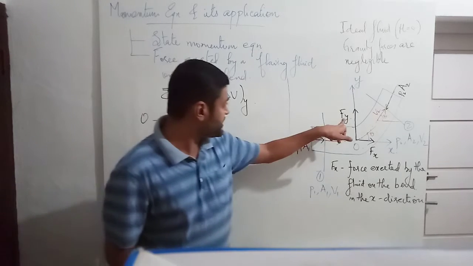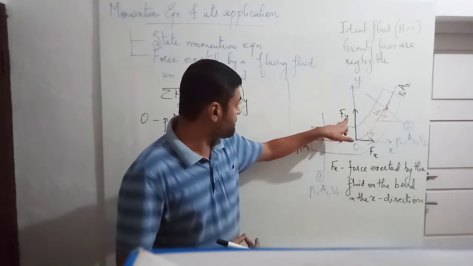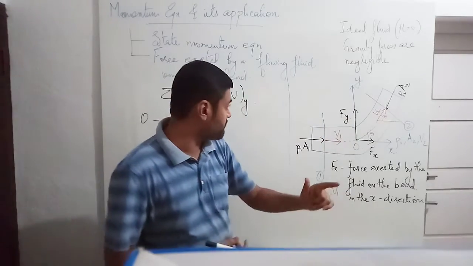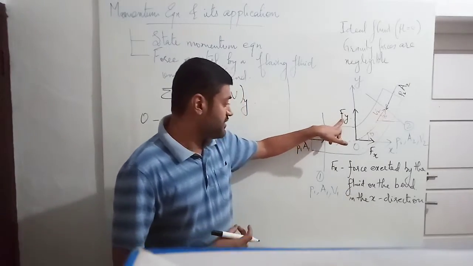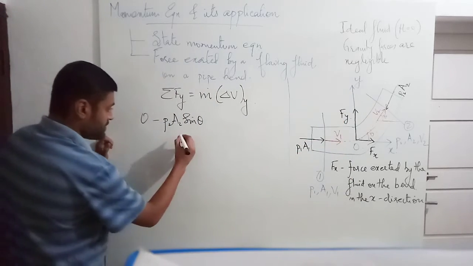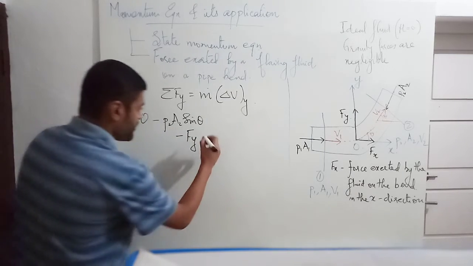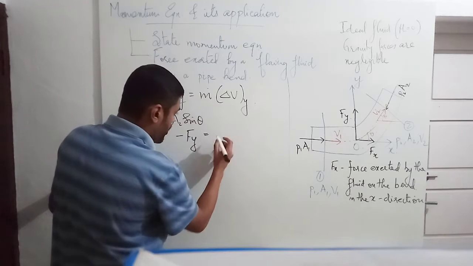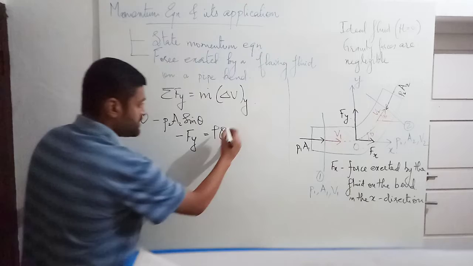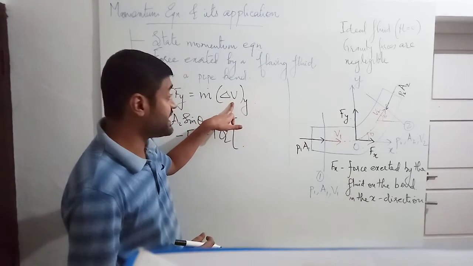Now by definition, Fy is the force exerted by the fluid on the bed. So vice versa, using Newton's third law of motion, minus Fy will be the force acting on the bend due to the fluid. So minus Fy is equal to, again, mass flow rate m dot, that is nothing but the product of rho into discharge q times velocity change, final minus initial in the y direction.